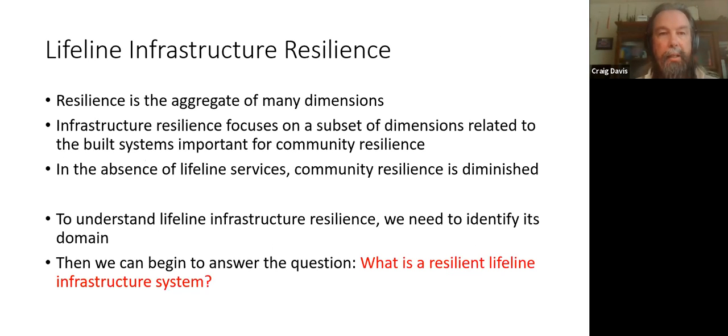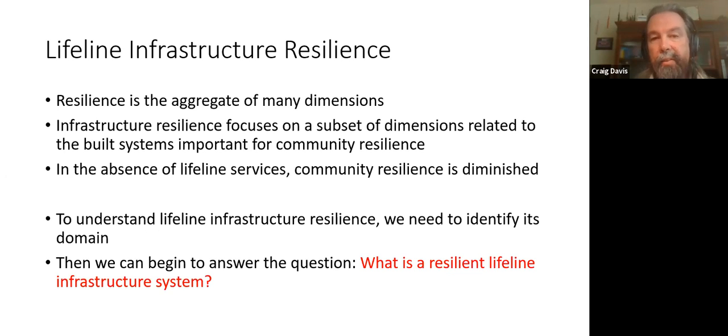All right, so now let's talk a little bit more about lifeline infrastructure resilience. It's the aggregate of many dimensions. Right? Resilience is the aggregate of many dimensions, whether it's community or lifeline specific. The infrastructure resilience focuses on a subset of dimensions related to built systems important for community resilience.